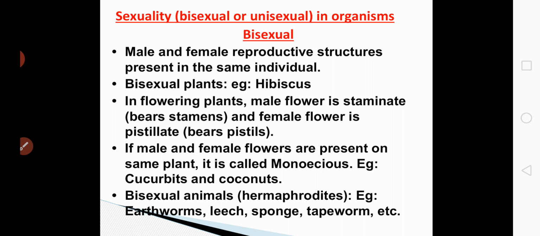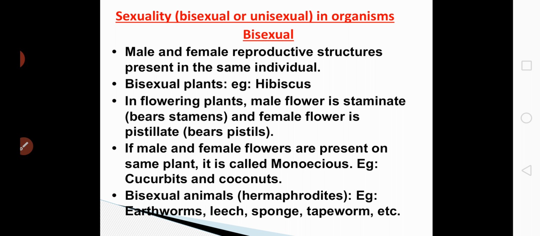For example, in cucurbits, cucurbit means the cucumber family, and in coconuts, the condition is monoecious, meaning it contains male flowers as well as female flowers, but these two flowers are borne on the same plant.